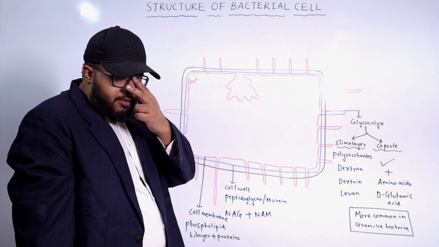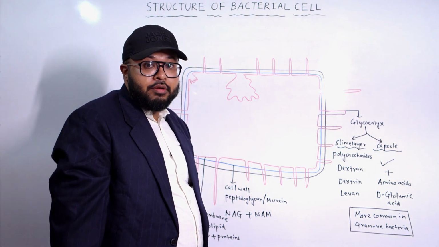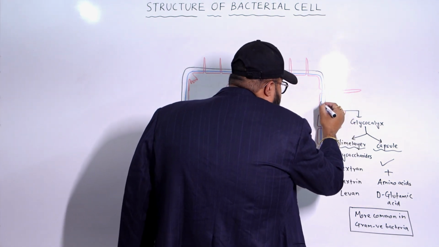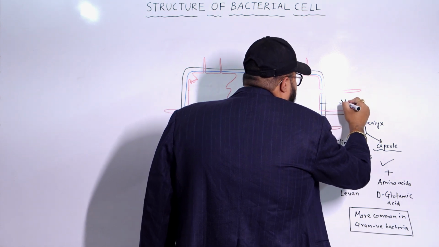The space between the cell wall and the cell membrane is called the periplasmic space. This is the periplasmic space.